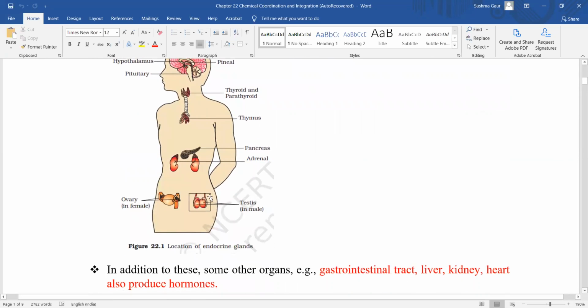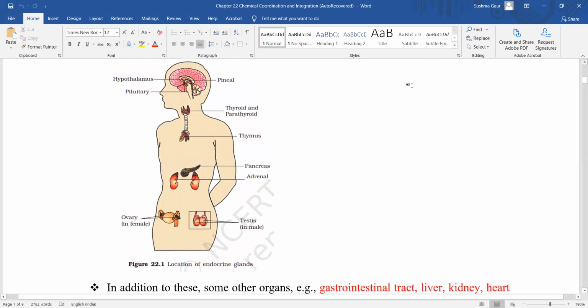This diagram gives an idea about the location of each endocrine gland. This is the hypothalamus, pineal, and pituitary. They are all located in this region of the brain. This is thyroid and parathyroid, which are in the throat. This is the thymus gland, which will be between the rib cage. The adrenal gland will be present on which organ?